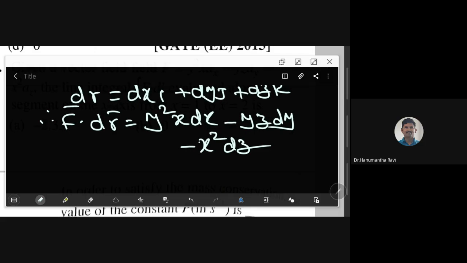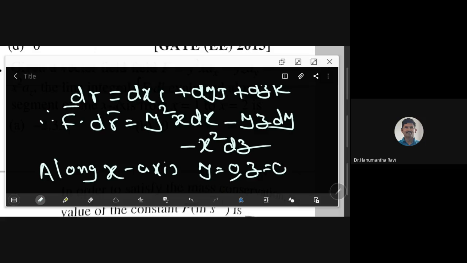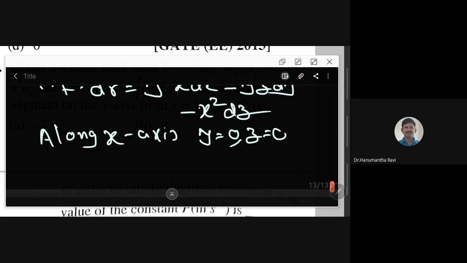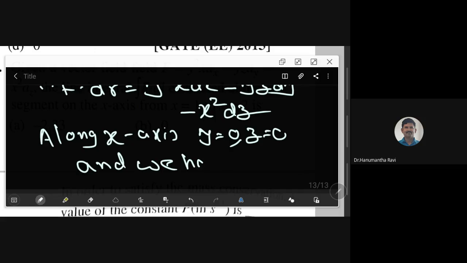Along the x-axis, y is equal to 0, z is equal to 0, and we have 1 less than or equal to x less than or equal to 2.